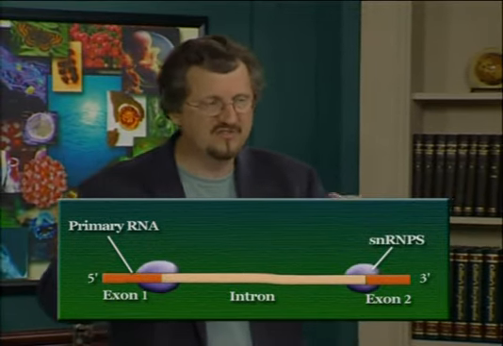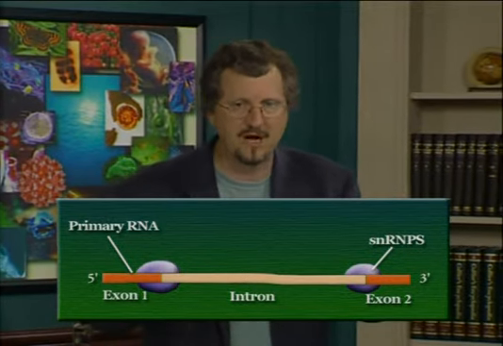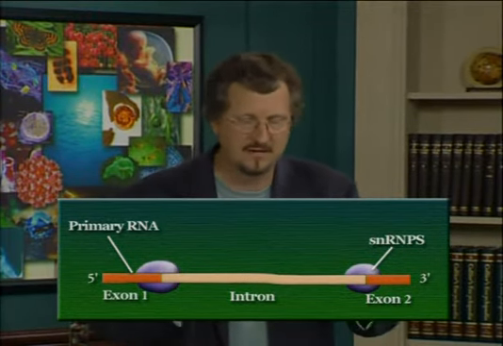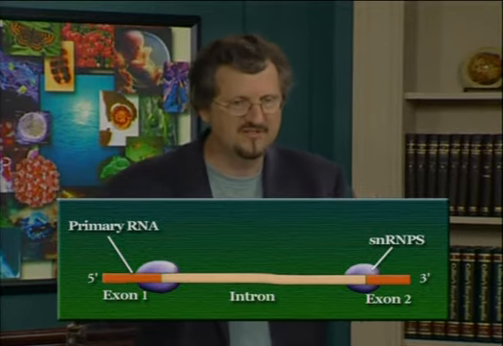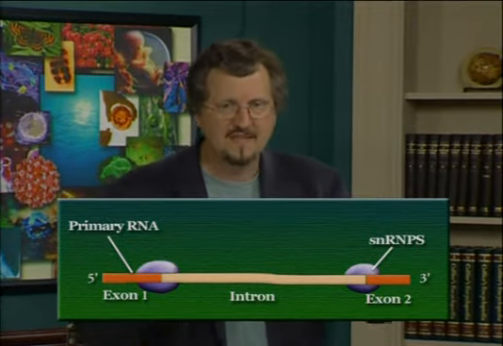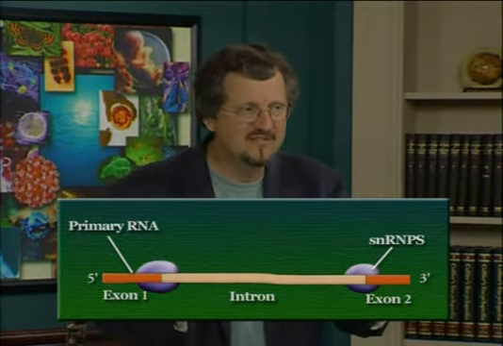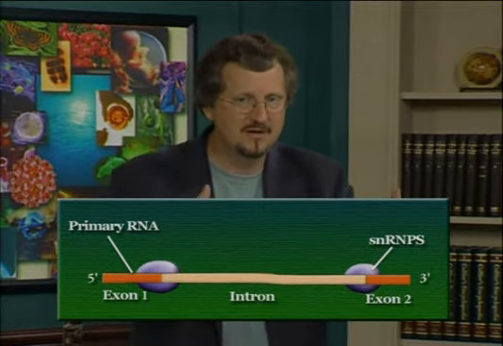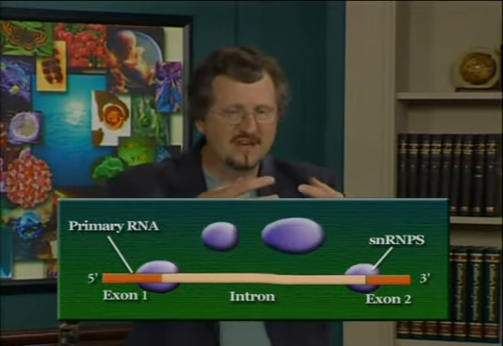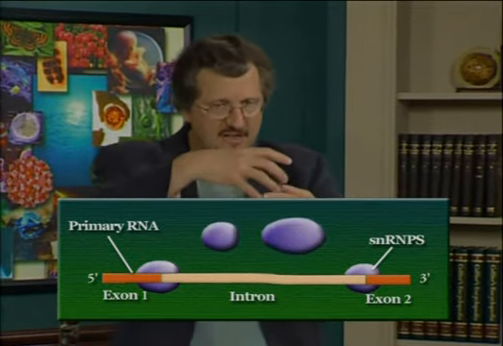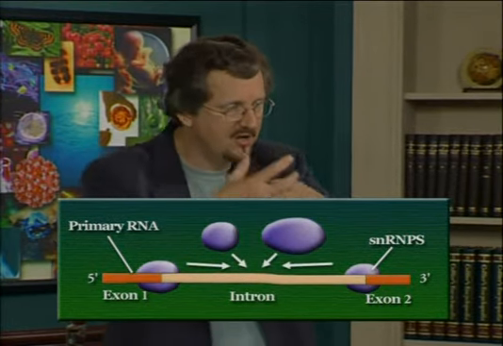And again, I want to remind you, these SNRPs themselves are very complicated protein RNA complexes. Once these SNRPs have identified these boundaries, they attach to them, and then they are brought together by another set of SNRPs, and they form a fairly large complex that we call a spliceosome.